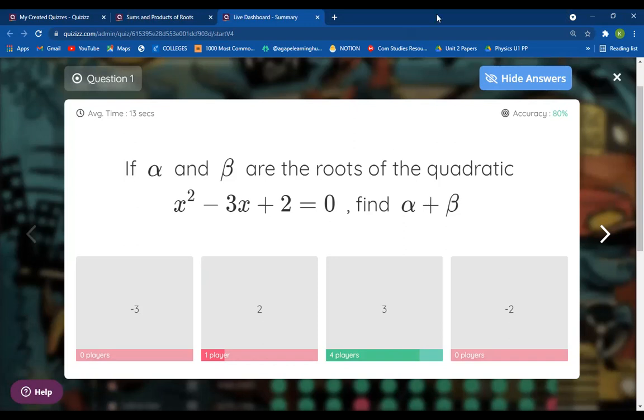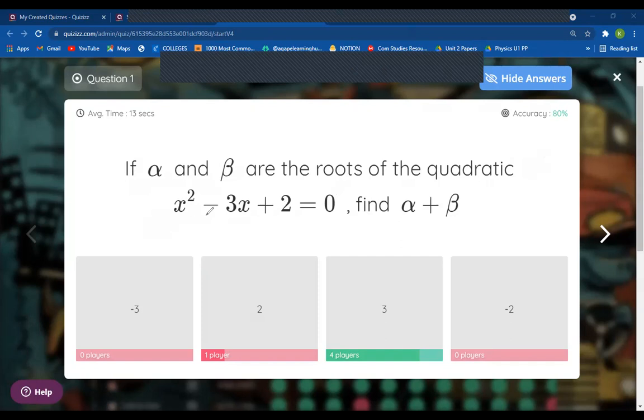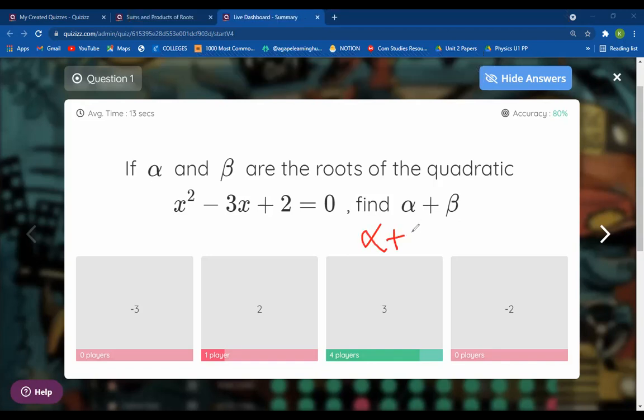Okay, let me read the question first. If alpha and beta are the roots of the quadratic x squared minus 3x plus 2 equals 0, find alpha plus beta. Can anybody tell me what's the formula for alpha plus beta?